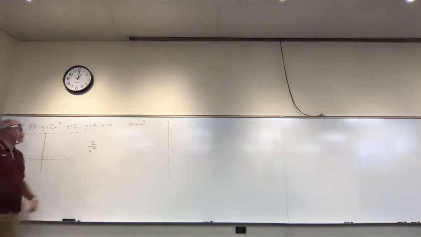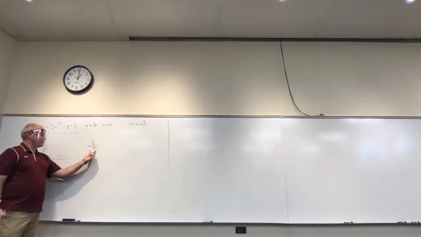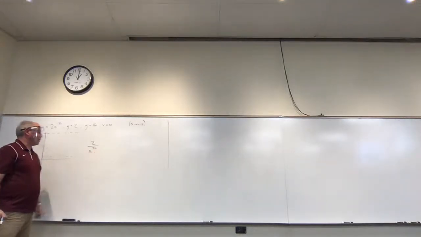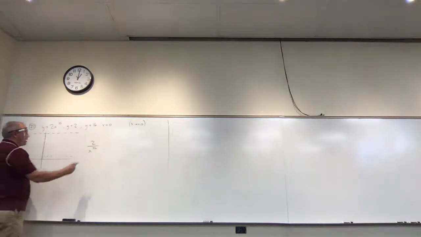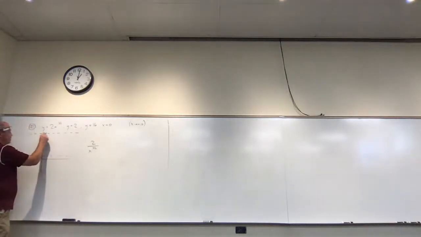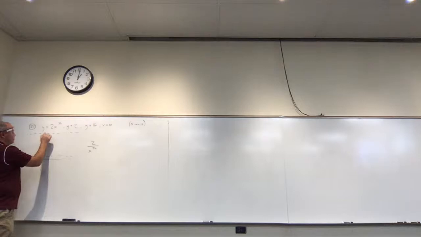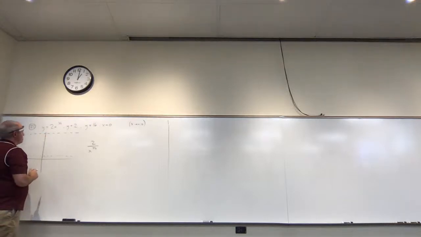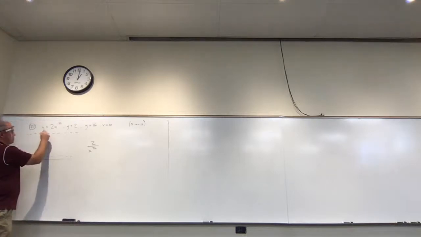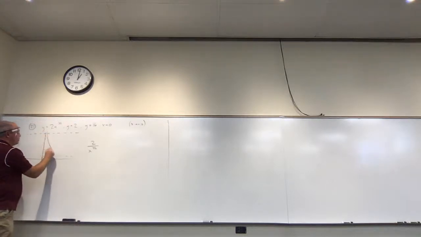So that's bigger than x, right? So if it's bigger than x, it's going to maybe get close. Let's see, what's the best way to do it? So it's going to maybe do something of this nature.